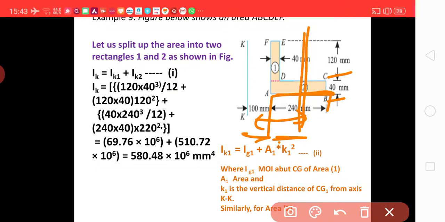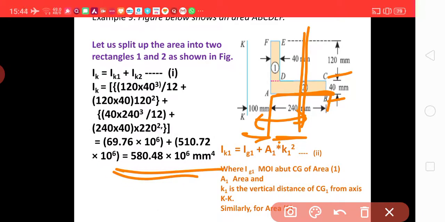On calculation, it will come 69.76 into 10 to the power 6 plus 510 into 10 to the power 6. Total comes out to be 580.48 into 10 to the power 6 millimeter to the power 4.